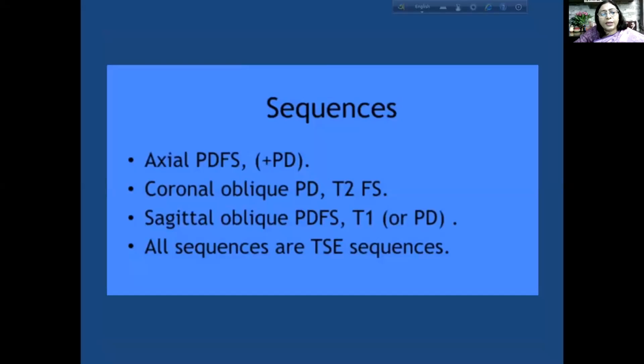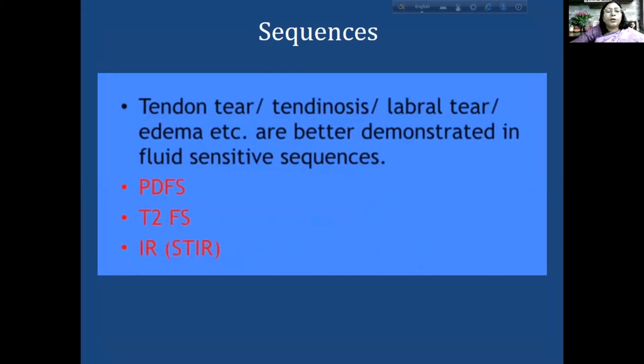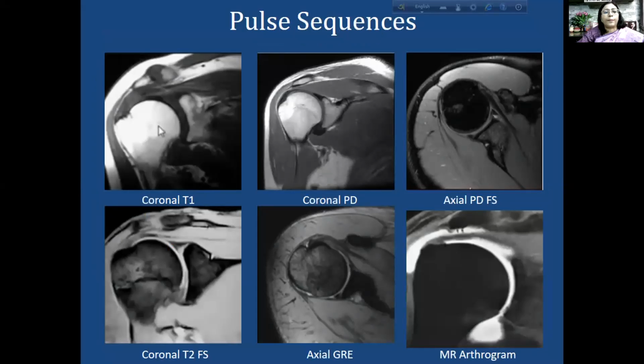The preferred sequences are PD fat set and PD non-fat set, where the PD non-fat sequences are better to demonstrate the anatomy, and T1 and PD non-fat sequences are better to demonstrate marrow, glenoid bone loss and fractures. To detect pathology like tendon tear, tendinosis, labral tear or edema, fluid sensitive sequences like PD fat set, T2 and STIR images are obtained.